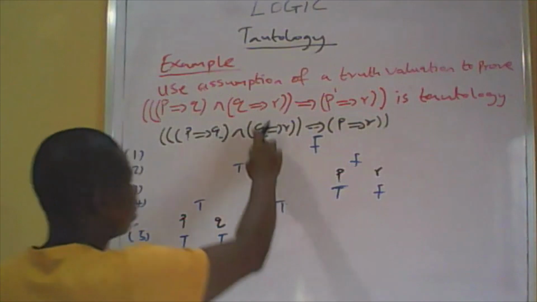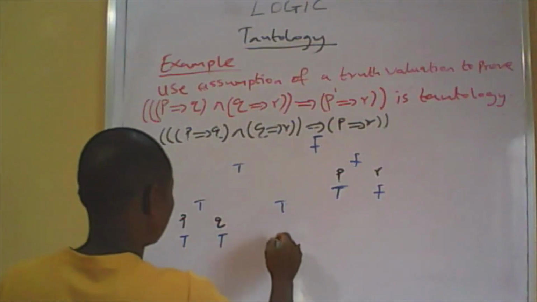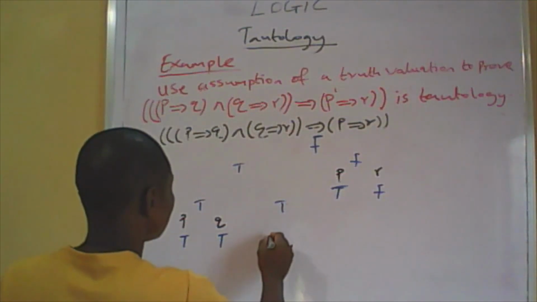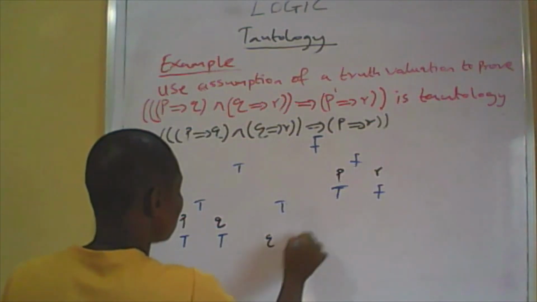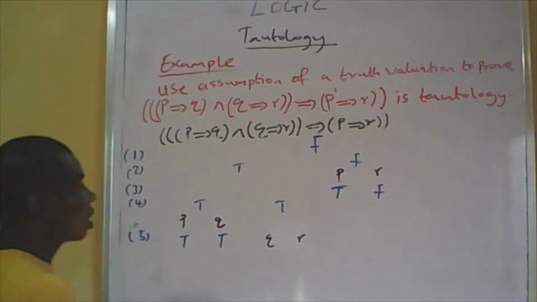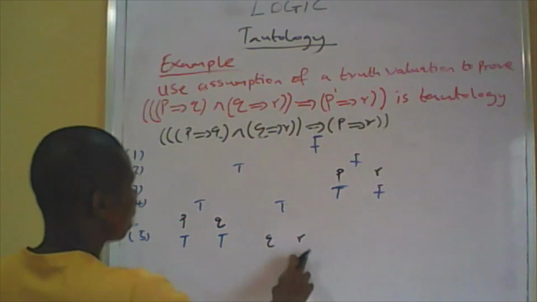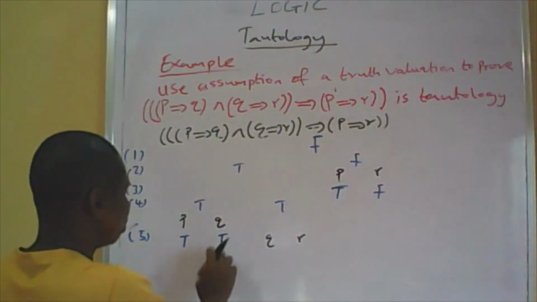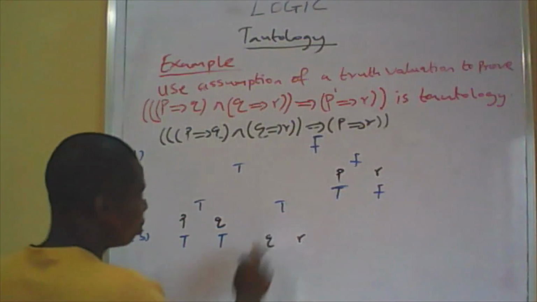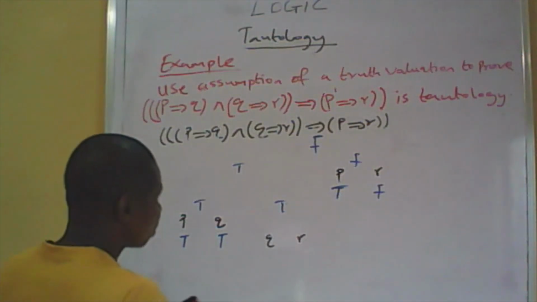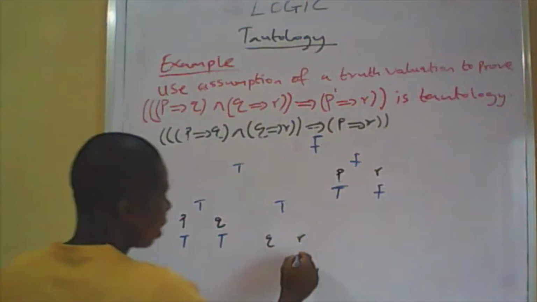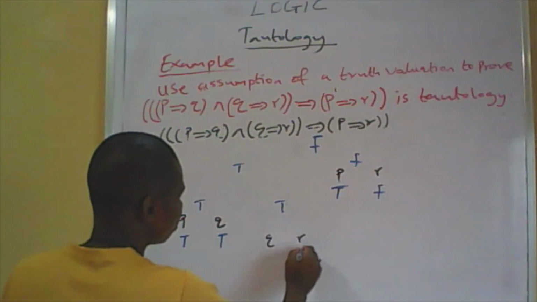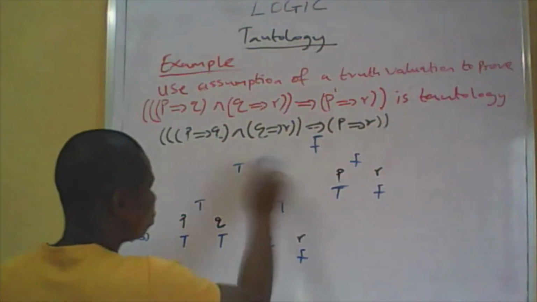Here, you know that Q and R are to be true. That means R must be true and Q will be either true or false. But you already see that Q is true here. So you're going to give true here. Here, I've already seen that R is false, so R is false here. And then Q is true here.